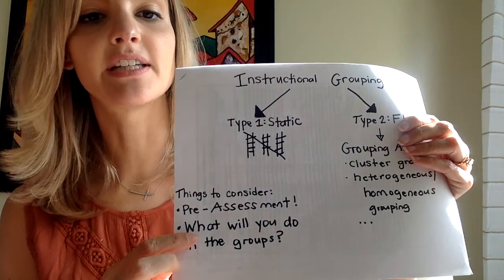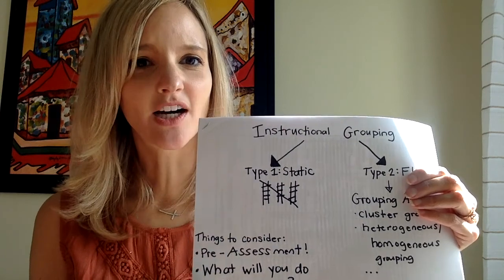The next consideration is, honestly, what will you do in the instructional groups? Okay, so that's kind of your second reason here. Now that seems kind of obvious, but I want you to think about it. Your students, you get to know them, right?